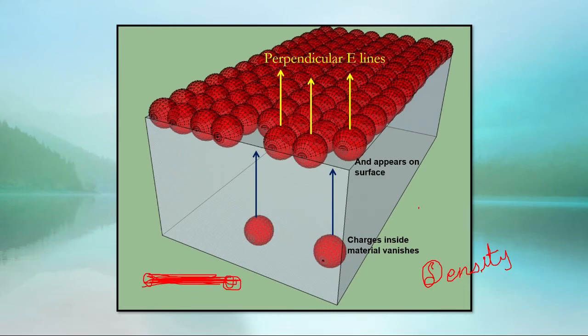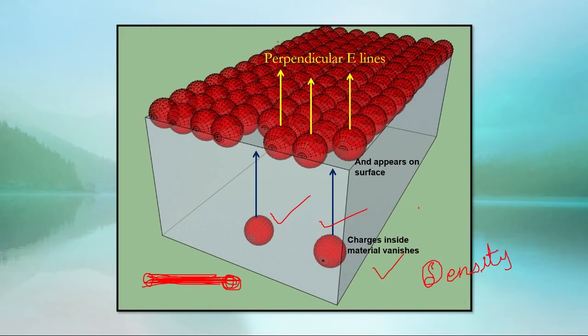Now, where exactly do these charges appear inside a wire? Because atoms are present in the inner material also, the electrons which are easily available in conductors are available inside the material too. But whenever there is a flow of current, the charges inside the material vanish and appear on the surface. This time is called the relaxation time.